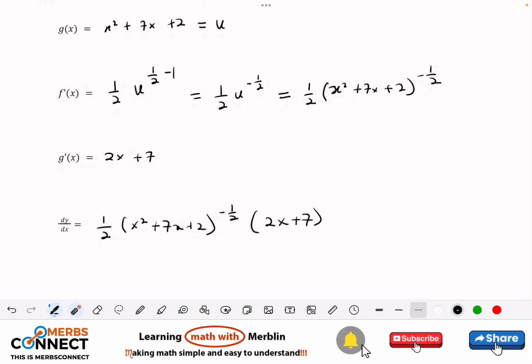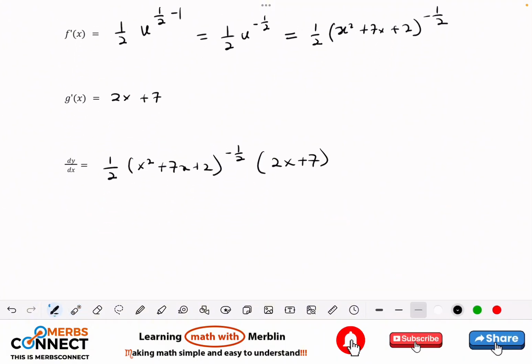Now I saw some of you did something like this. This will cancel this. No, we cannot cancel this and this because of the plus 7 here. If there was no plus 7 and this one was like this, then I can cancel this and this. But because of the plus 7, you cannot cancel them. So if you want to do further simplification, you can multiply this one by the whole function in the bracket here.